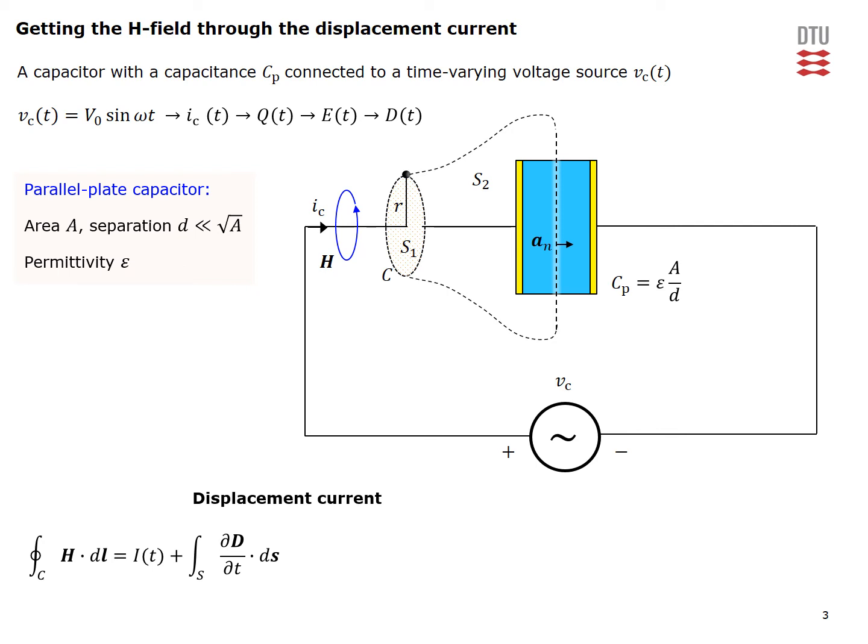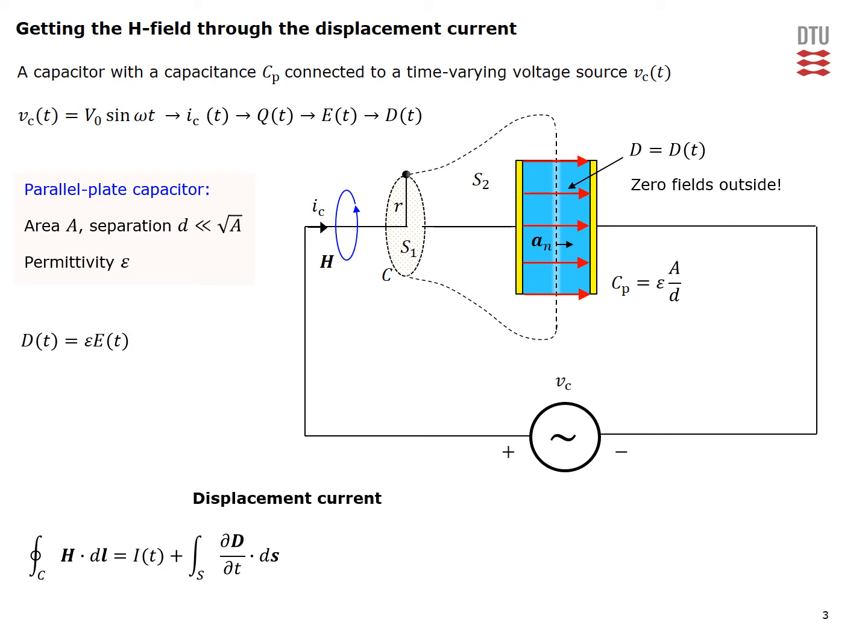Under this assumption of closely spaced plates, we can depict a few of the field lines of the electric field intensity, and thus also the electric flux density, and these are shown on the figure here, implying a homogeneous field in our capacitor, and also zero fields outside. These are the assumptions that we are making in this particular case.